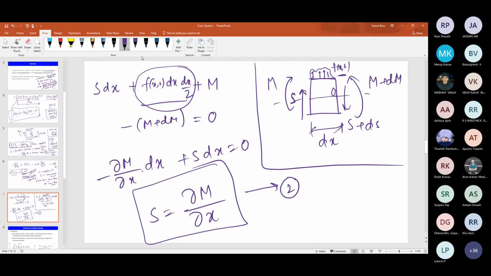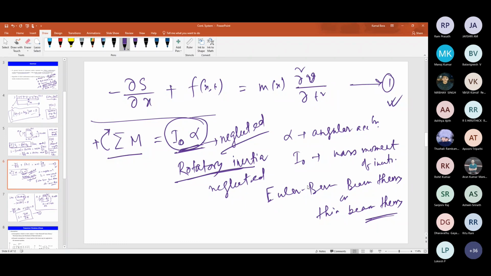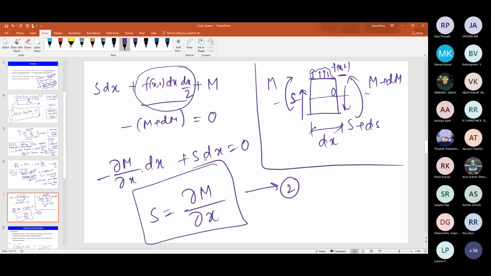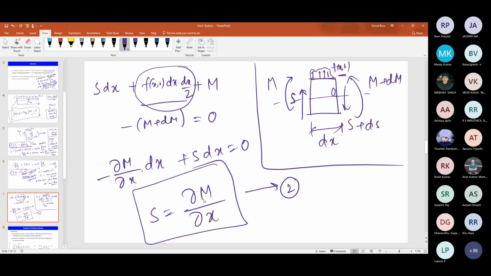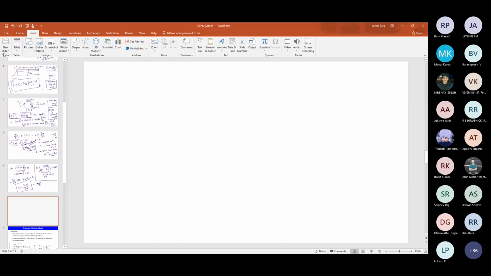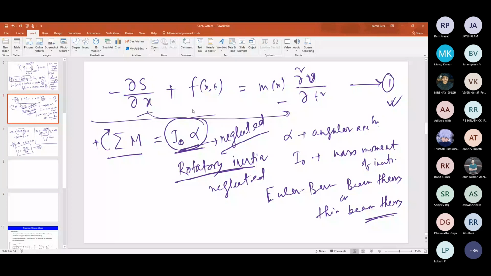Now substituting equation 2 in equation number 1. This is equation 1 here. So I substitute S equals del M by del x, and I get minus del 2 M by del x2. Then I can transfer this to that side. So basically del S by del x, with S equals del M by del x, gives del 2 M by del x2.